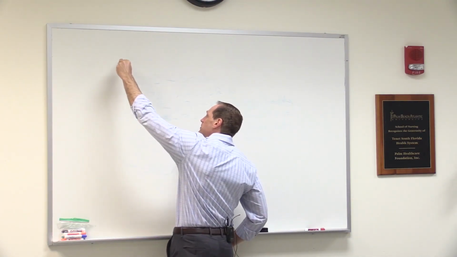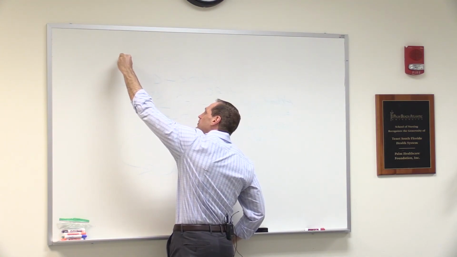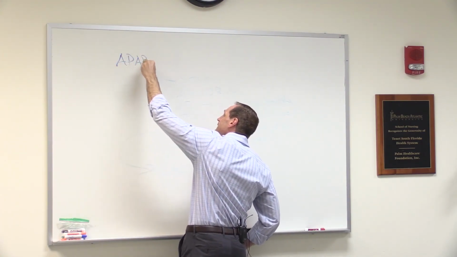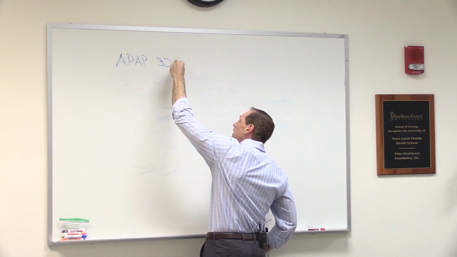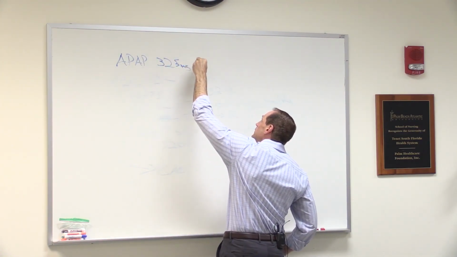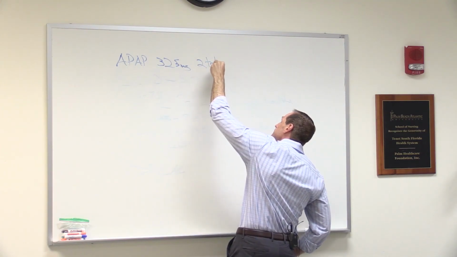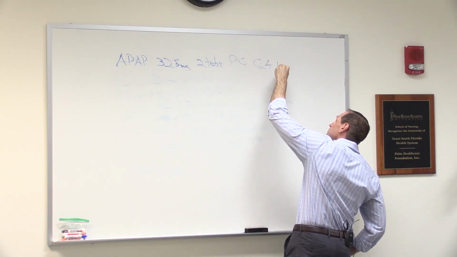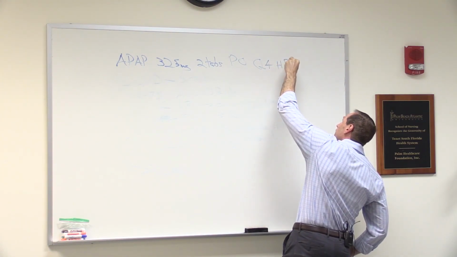Let's imagine for a moment that you have two orders. You've got one for APAP 325 milligrams, 2 tabs, PO, Q 4 hours, PRN.